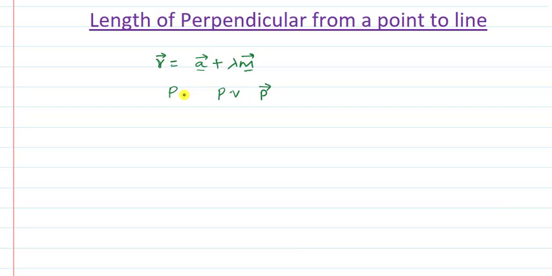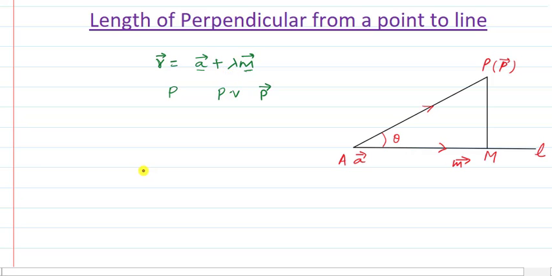Now we need to calculate the perpendicular distance of this point P from this line. To understand this, let me draw one figure. Look at this figure. Here L is a line whose equation is given to us, and P is a point from which we need to calculate distance to the line.